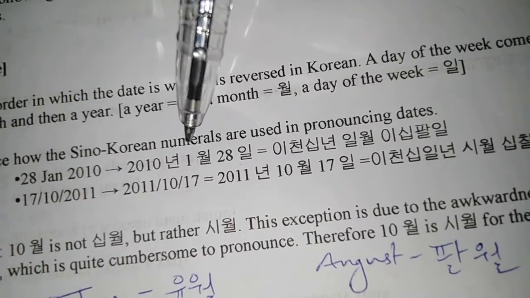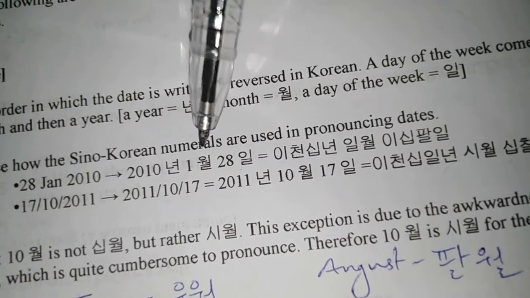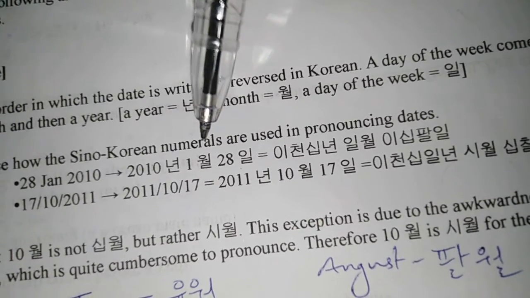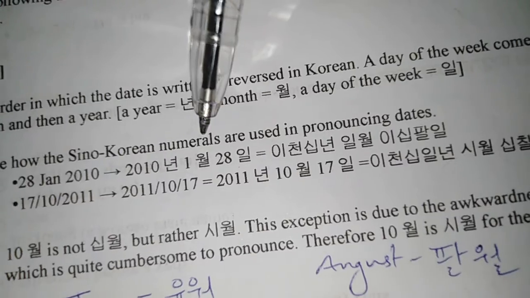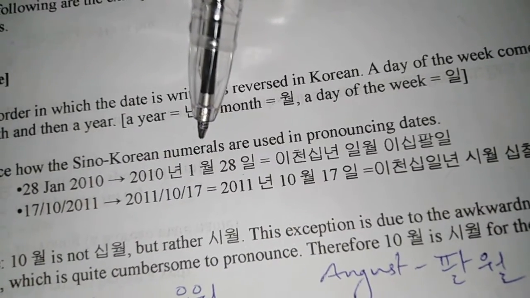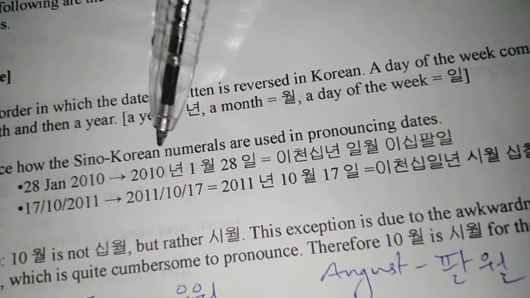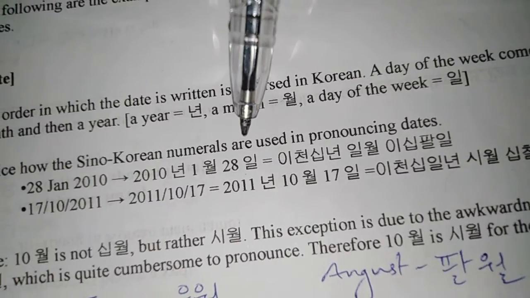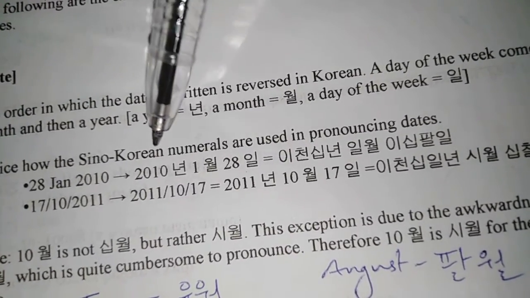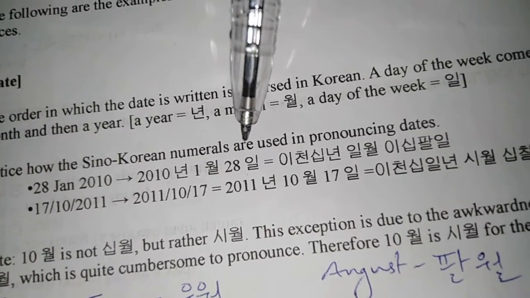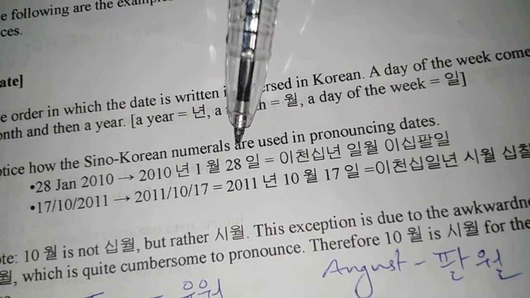So date is completely in Sino-Korean. It's when you're saying the time that there is a mix of Sino and Native Korean. So 2010년 1월 28일. 2010년 1월 28일. That's how you would say this date.